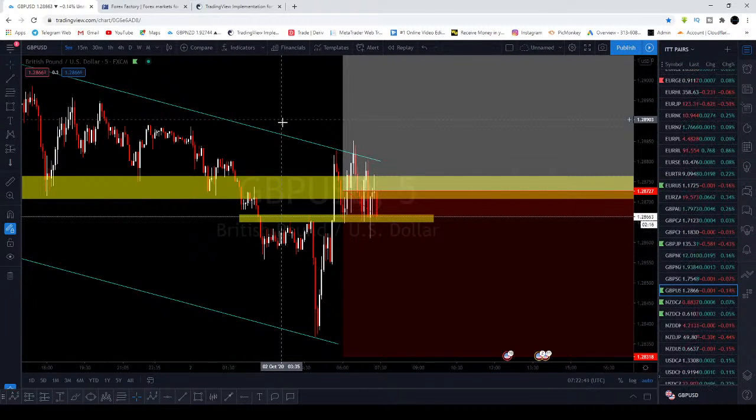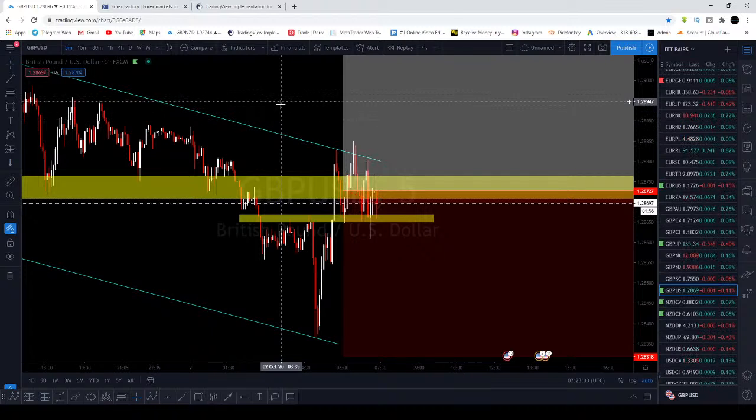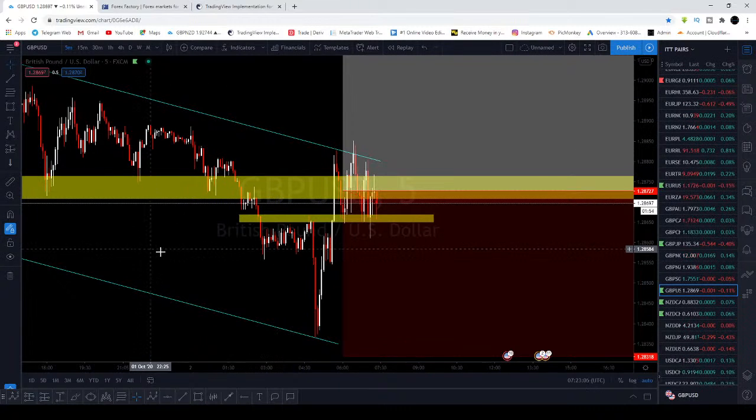So we're risking about 40 pips on this trade. I know we are supposed to wait for the breakout, but for the sake of FOMO, fear of missing out.